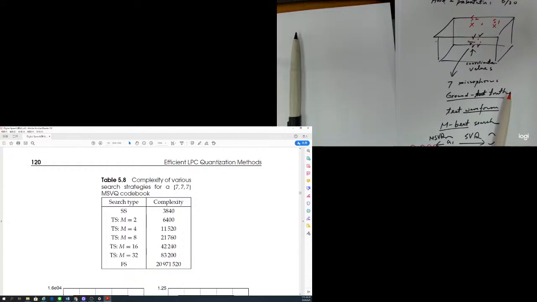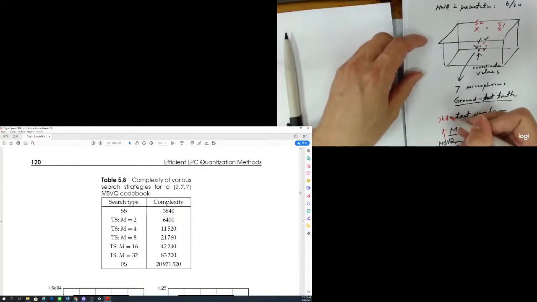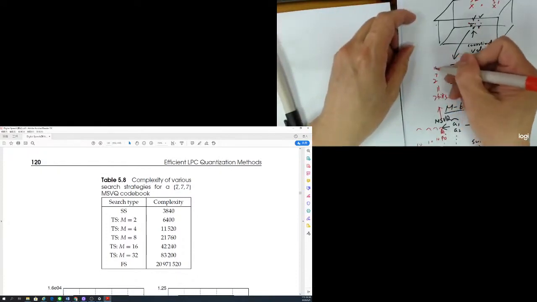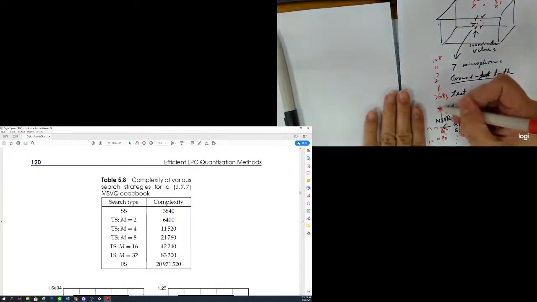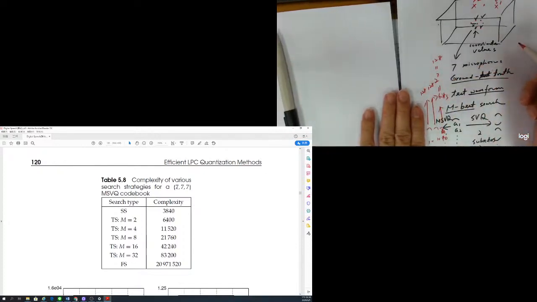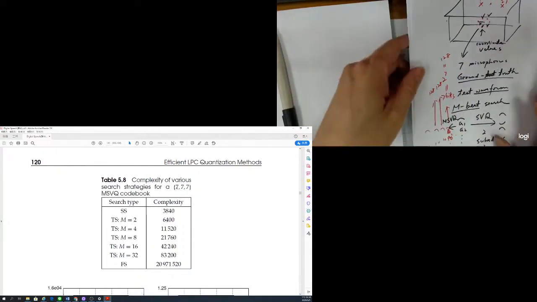Because they partition the search stage, it is 7-7-7. This one uses 7 bits, so it is 2 to the power 7, 128. For each of the 3 stages we have 128 code vectors. We try to find the first stage codebook here.